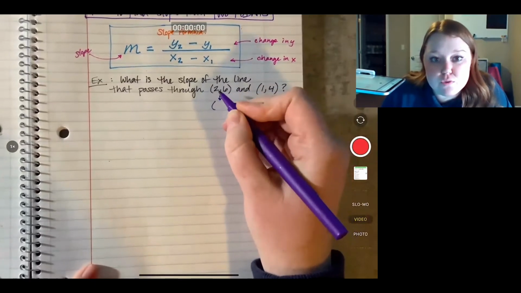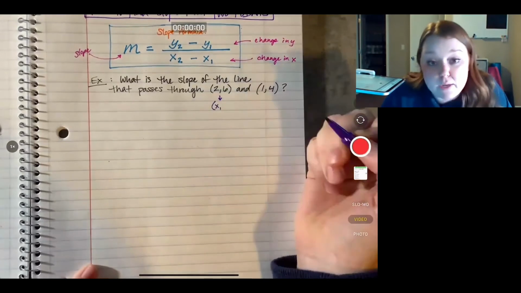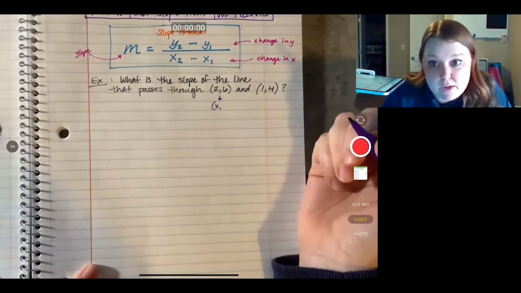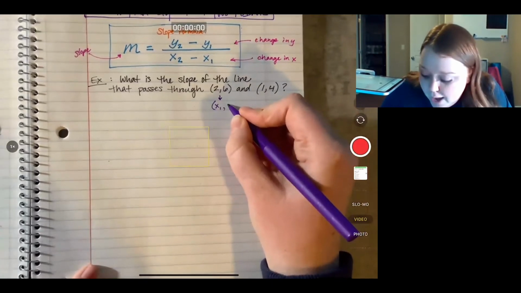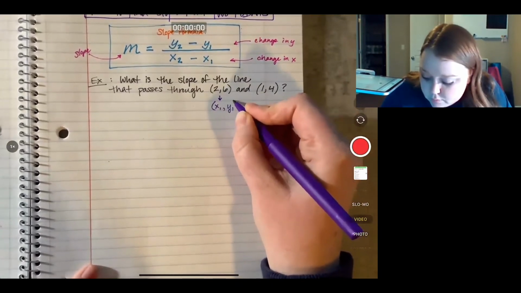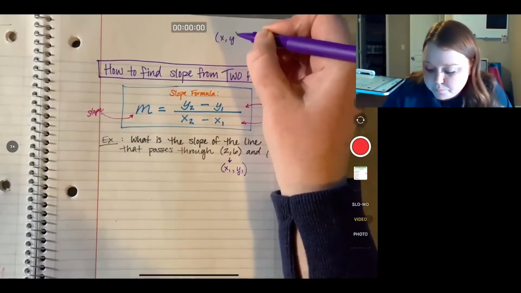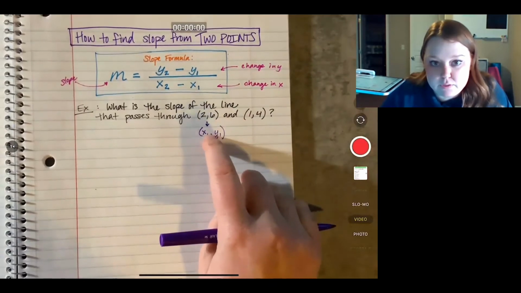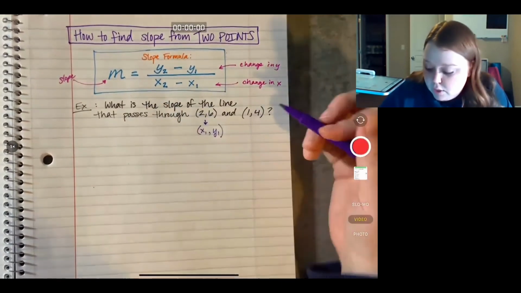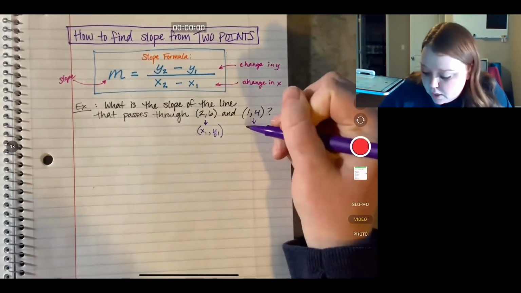Since it's the first ordered pair, I would call this x sub 1, because it was the first x value you saw. And that 6 would be y sub 1. Because remember, ordered pairs are x, comma, y. Since it's the first ordered pair, though, we put the little sub 1s underneath it. What that means is the second ordered pair, what do we call those points?